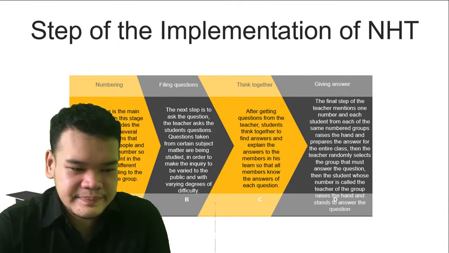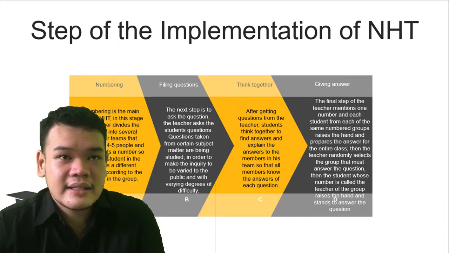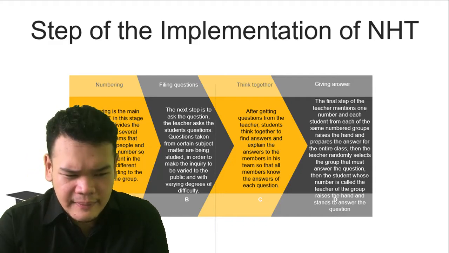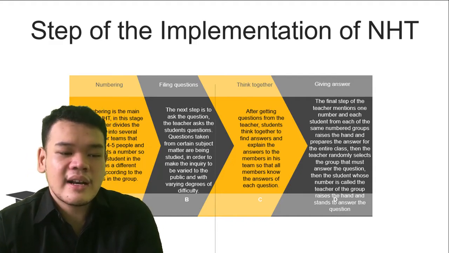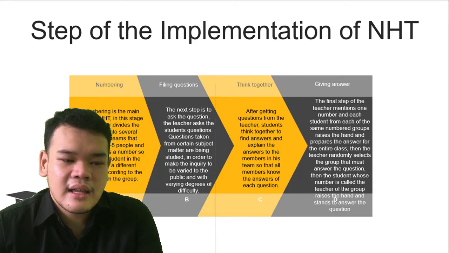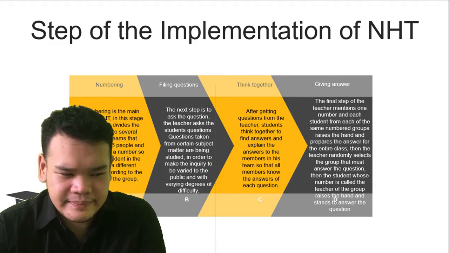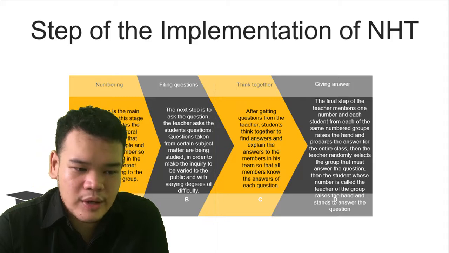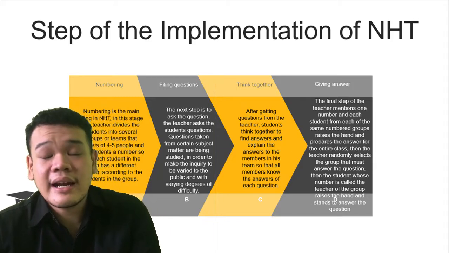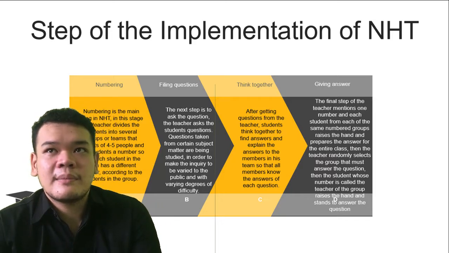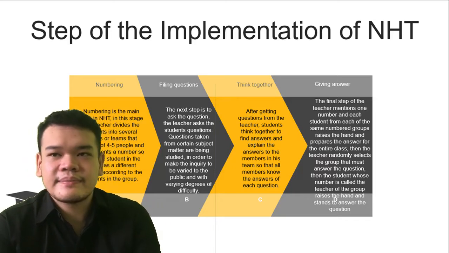In this slide, I explain the steps of using the number head together model for listening in class, especially in high school. Let's begin. According to Ibrahim from his book, there are 4 steps for using number head together.